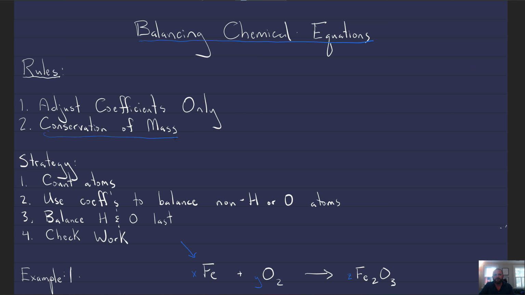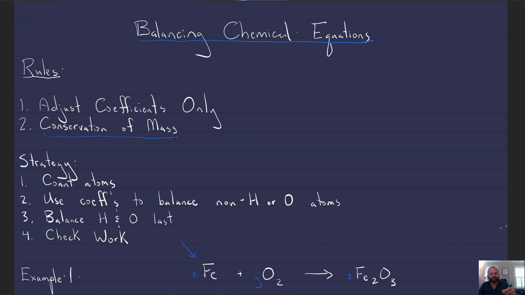You can only use the coefficients to make everything balanced. Do not add anything to the chemical equation, provided the chemical equation is correct. And you need to assume it's correct, unless your chemical intuition tells you otherwise, and there's a typo or something. That's the only case I can think of.